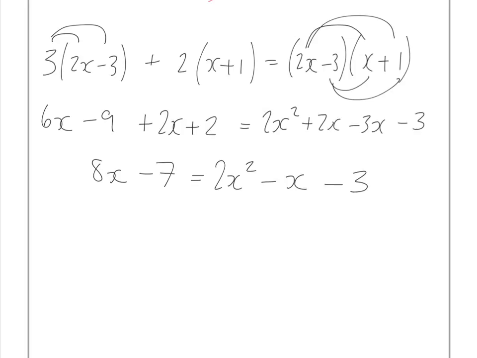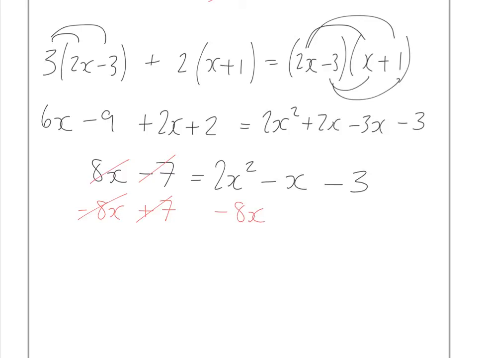Now to solve this, I need to bring everything onto the right hand side. So adding 7, taking away 8x, and so doing that on the right hand side as well.